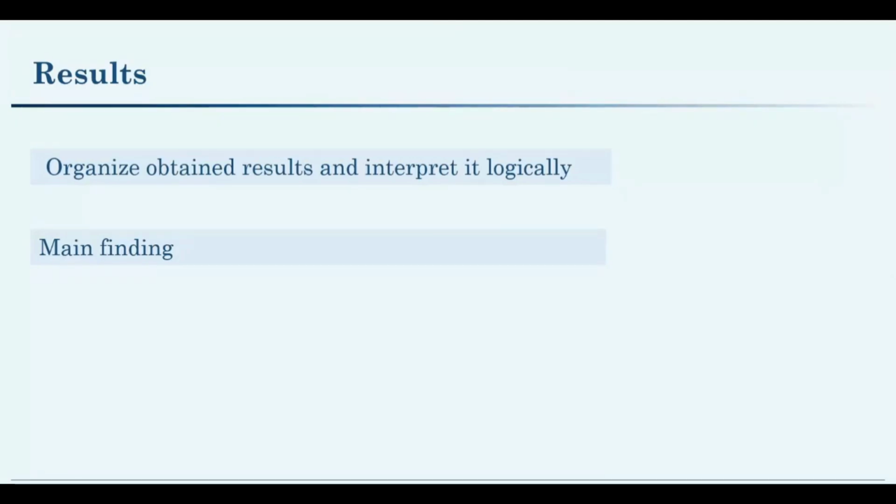You have to explain very clearly whether the obtained results are significant or not. It means again you have to use different tools, and by using those tools you have to clear whether the obtained figures, obtained values, are significant or not.